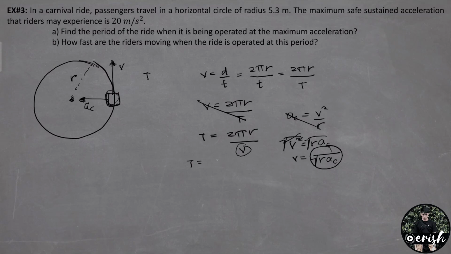T or the period is equal to 2 pi, our r is 5.3 meters, divided by the square root of r, we have 5.3 again, meters times the centripetal acceleration of 20 meters per second square. And by calculating, our period or the T is equal to 3.23 seconds.